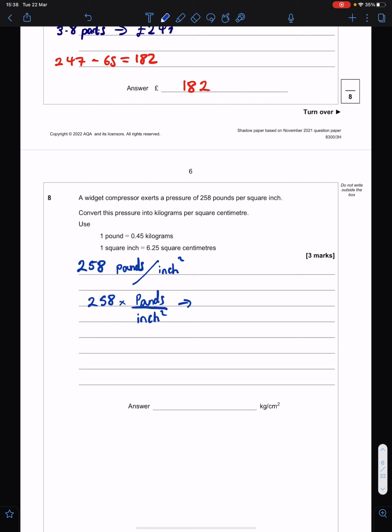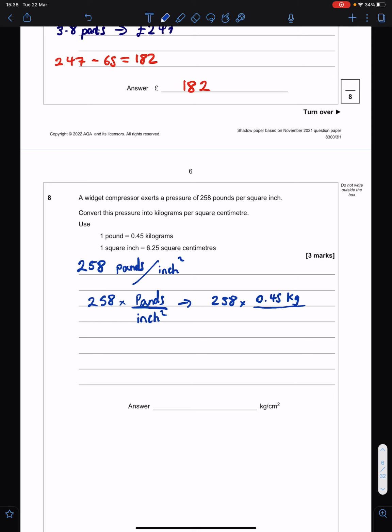And now that we know this, I'm going to put 258 multiplied by, so a pound is 0.45 kilograms. So I'm going to put 0.45 kg, divided by square inch. So we know that 1 inch squared is 6.25 square centimeters. They told us that.